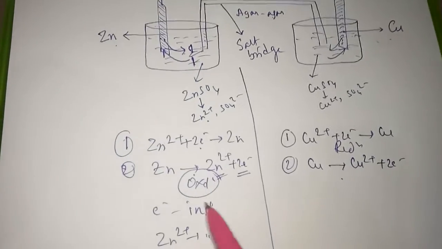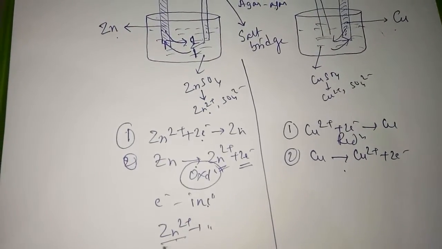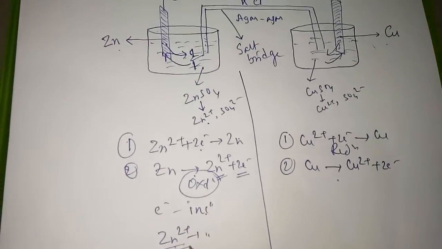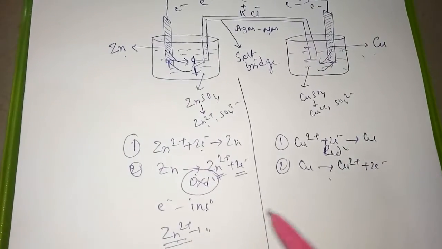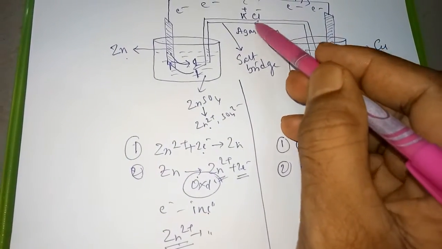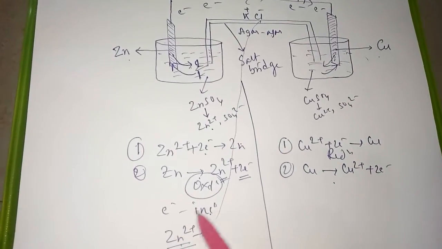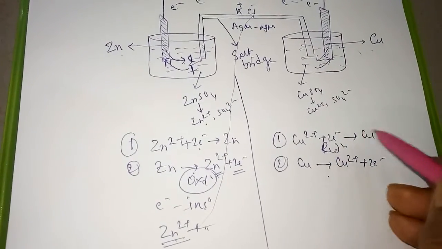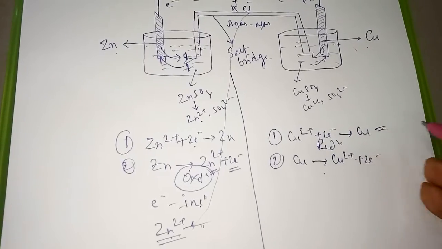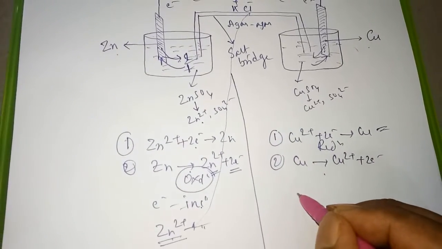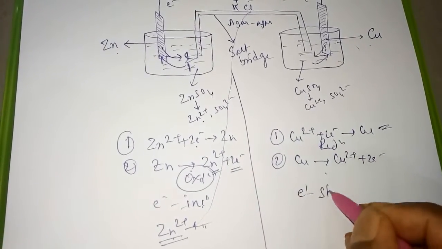Now that extra zinc is neutralized by the chloride from this salt bridge. So this area is over. Now in this one, the reduction dominating, there is an electron shortage.